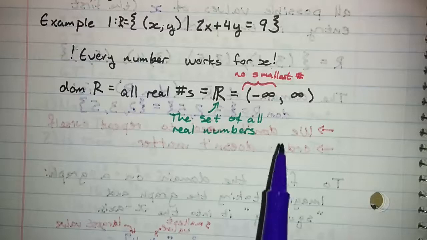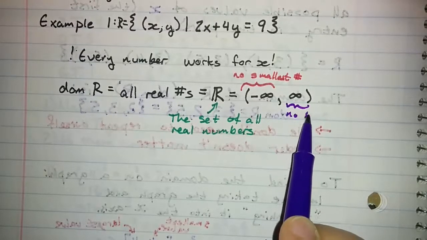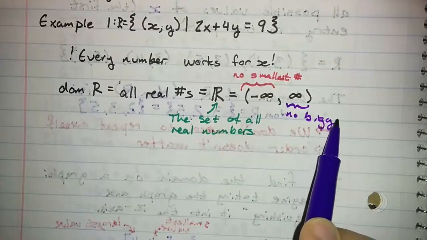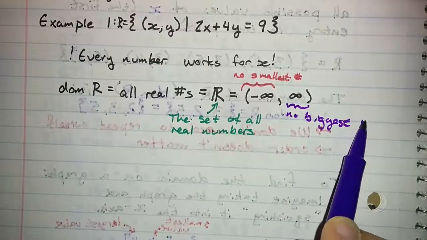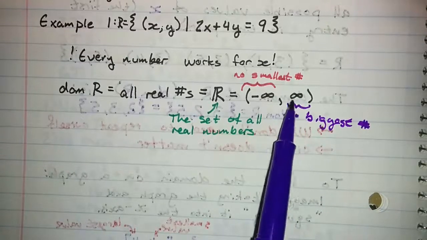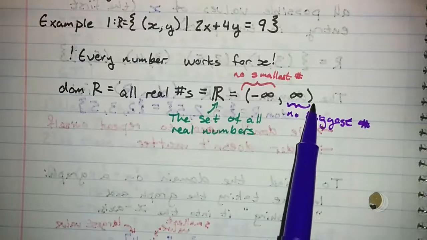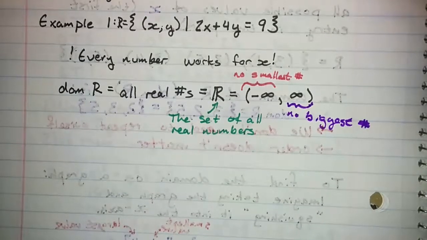Positive infinity round bracket means no biggest number. Don't think positive infinity is a number that is the right endpoint. That's not what it is at all. This whole sequence, positive infinity round bracket, means no biggest number.